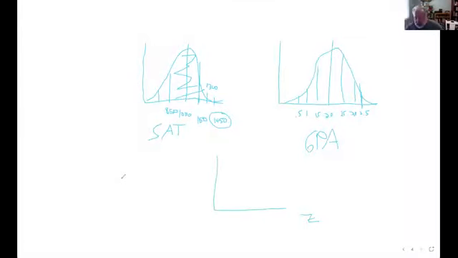Just think about it in your head like you have a transparency, where a z-distribution has a mean of 0. 1 standard deviation from the mean is 1. 2 standard deviations from the mean is 2. And 3 is 3. Conversely, -1, -2, -3.